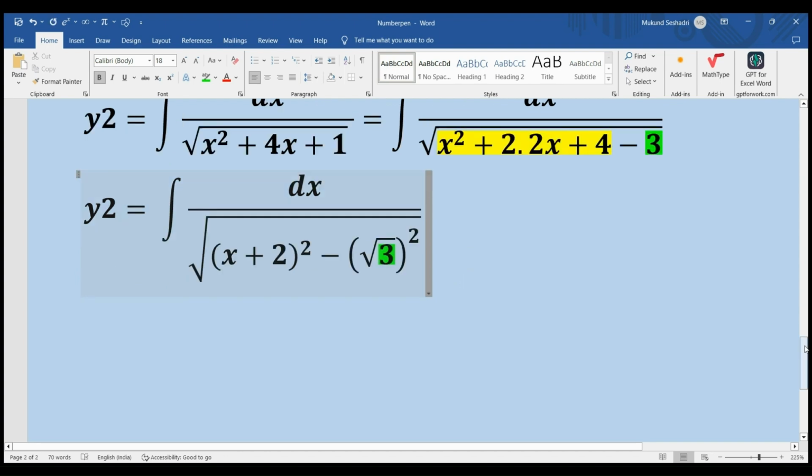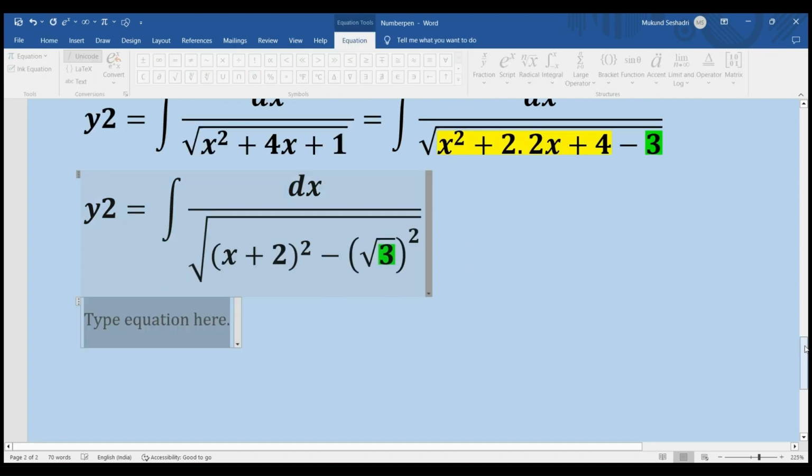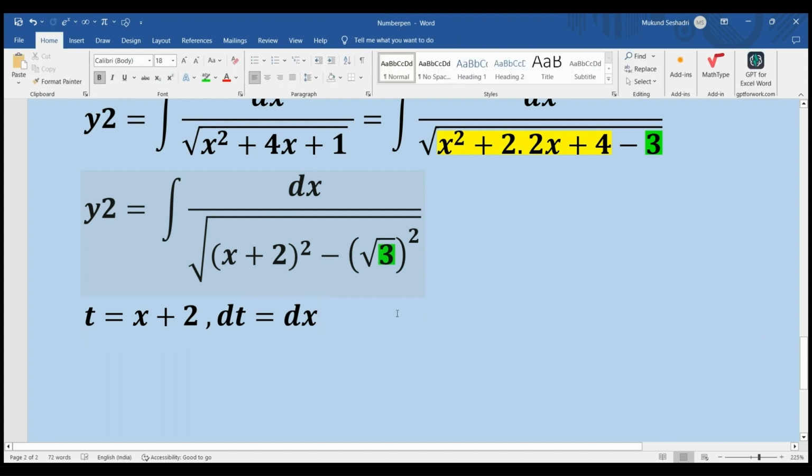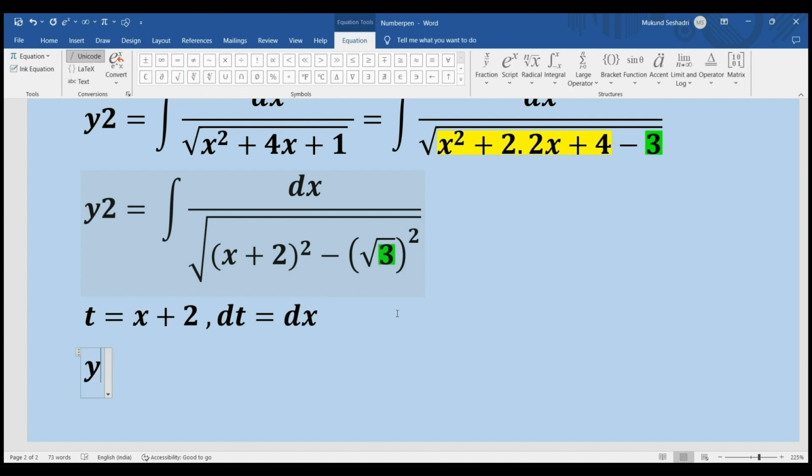The way to go about solving y2 is pretty much familiar to us. Step 1, I do t equals x plus 2, which means my dt equals dx, right? So this way I'll be able to reduce it to the form integral of dx by square root of x square minus a square in this particular case, except that in place of x you're going to have a t.